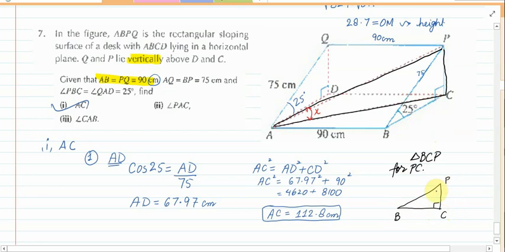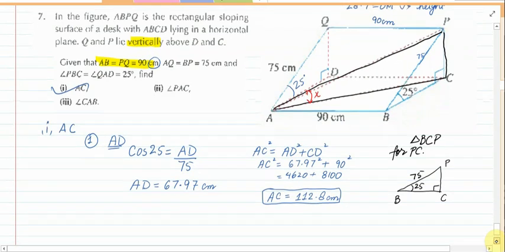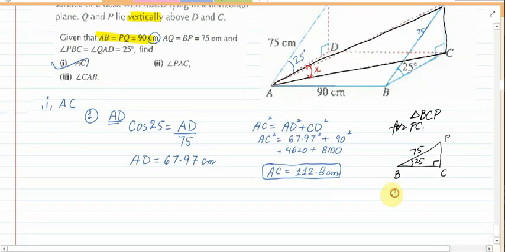Now the length of B to P is 75, that is given. The angle is 25 and I can find the value of PC, right? So opposite is unknown and hypotenuse is known. That means sine 25 is equal to PC divided by hypotenuse.